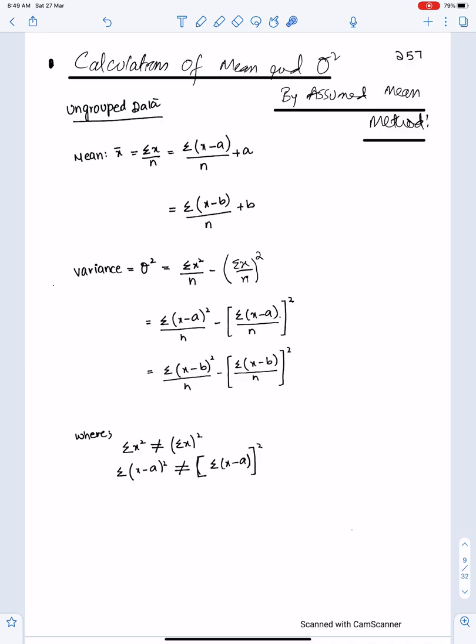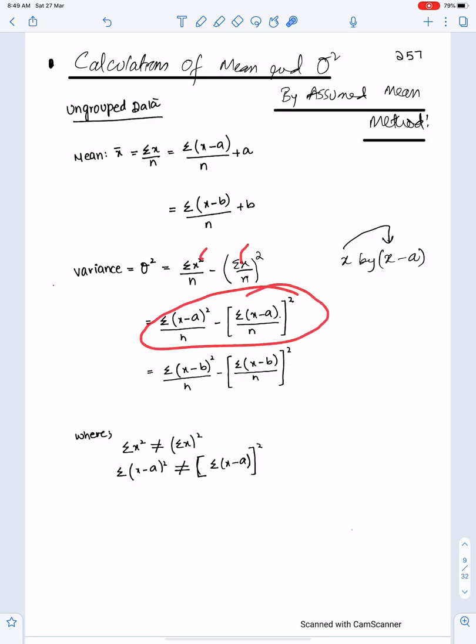So if you replace x by x minus a here and here, you can easily get this formula. So you don't need to learn this formula.